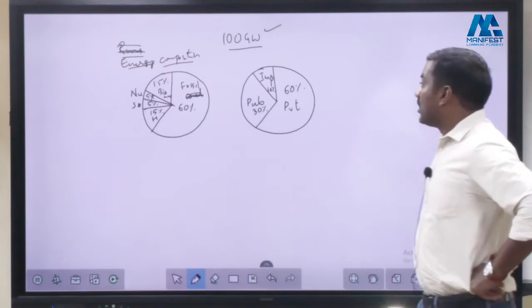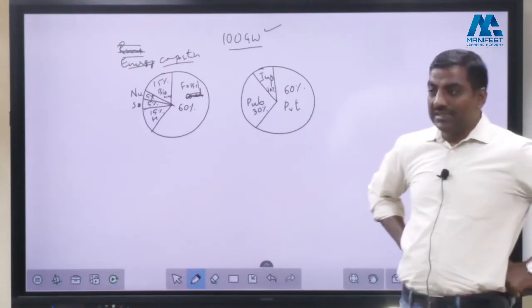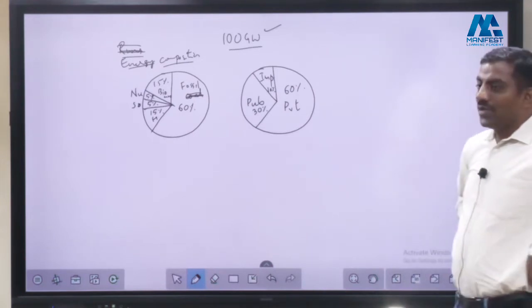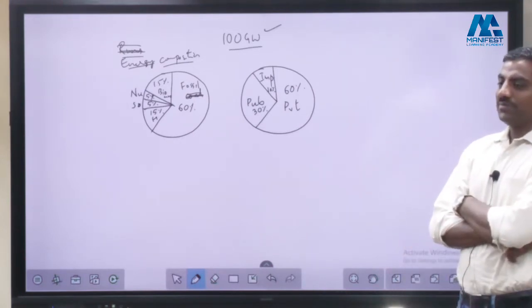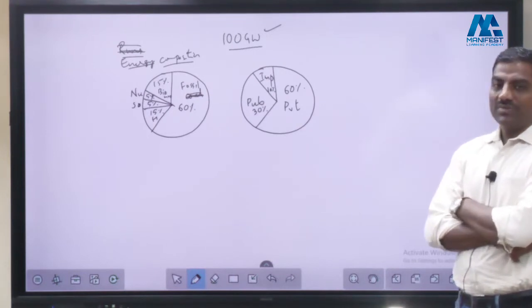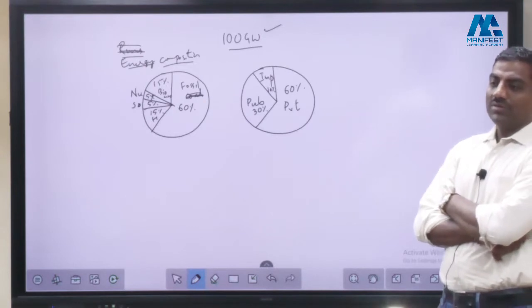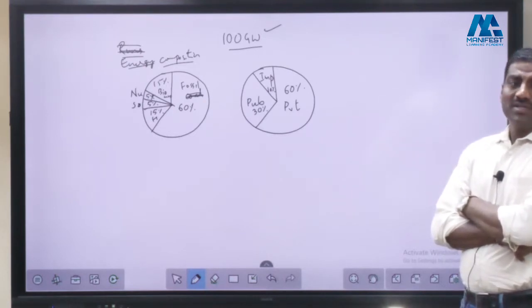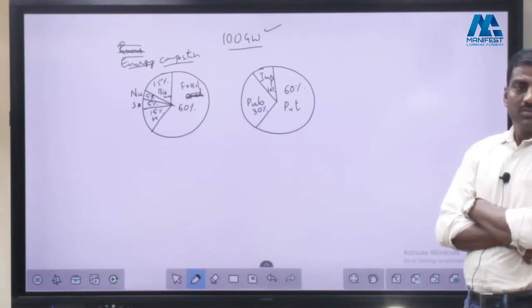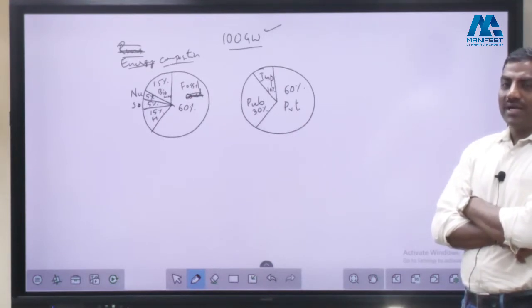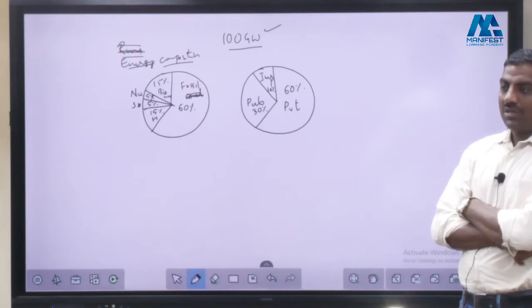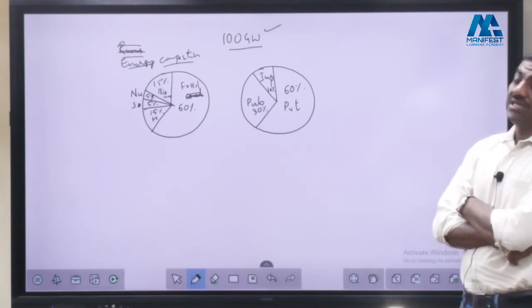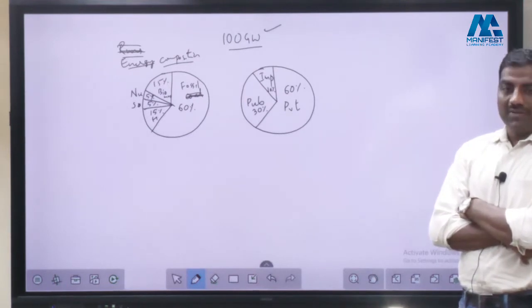Now tell me, what is the imported nuclear energy? 10% of 5% is how much? 5 by 100 into 10 by 100 is 50 by 10,000, which is nothing but 5 by 1000, that is 0.5%. 0.5% of 100 gigawatts is 0.5 gigawatts, or 500 megawatts.